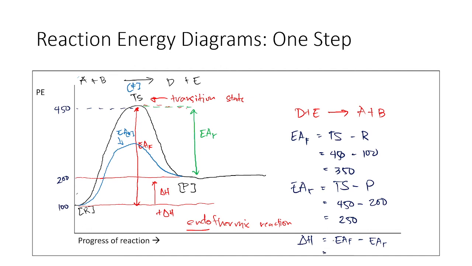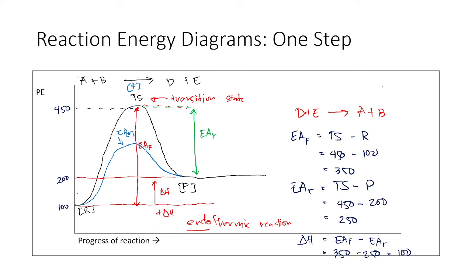So we will have here 350 minus 250. Meaning to say we have here 100. So we have an enthalpy which is 100. As you can see here, there is a positive value for our enthalpy.